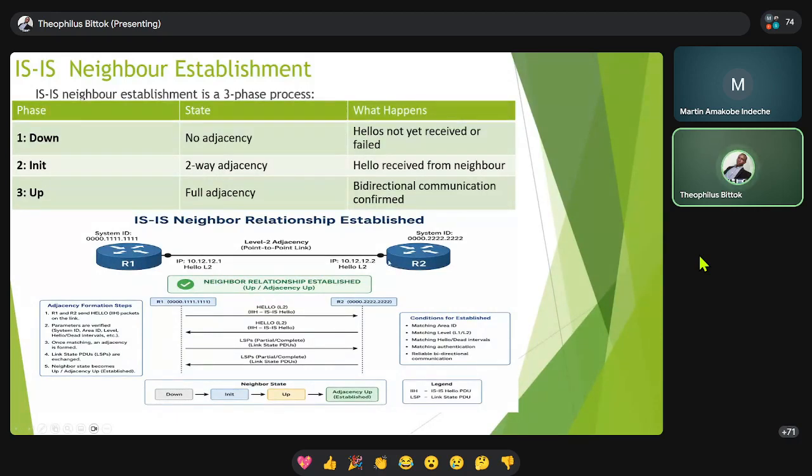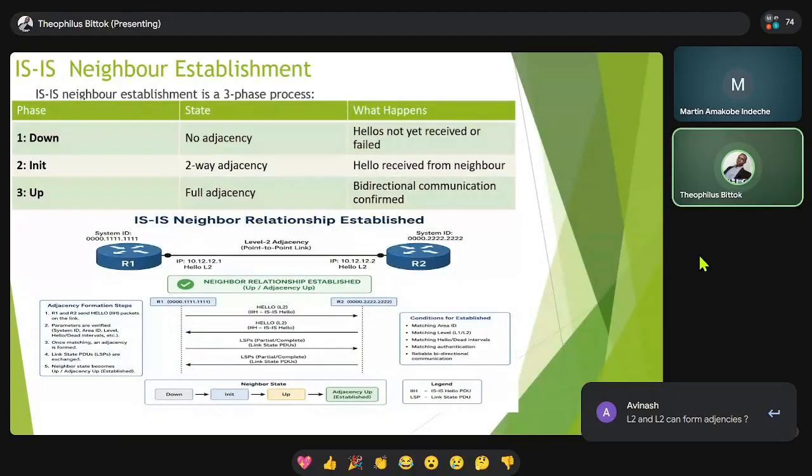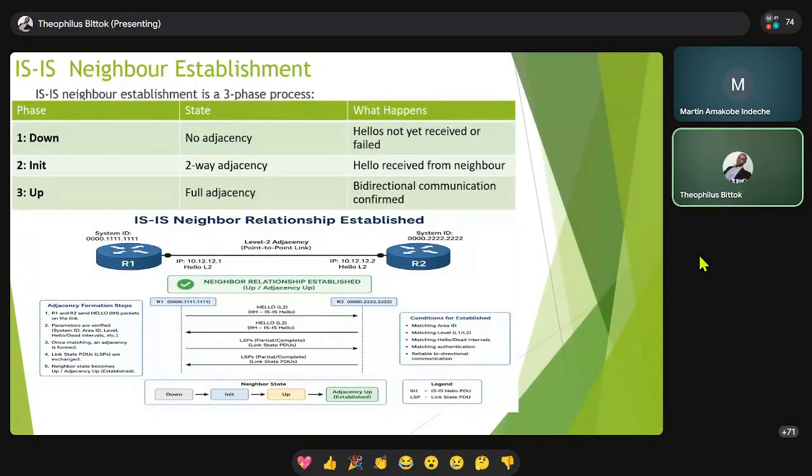When it checks its hash, it realizes that my local hash and the one I'm receiving from my neighbor are different, so that is also going to stop you from forming an adjacency.